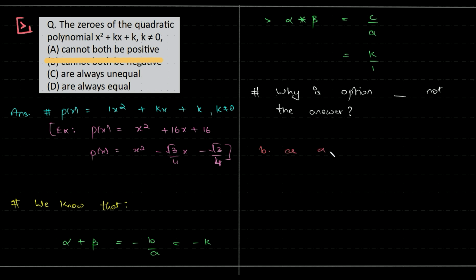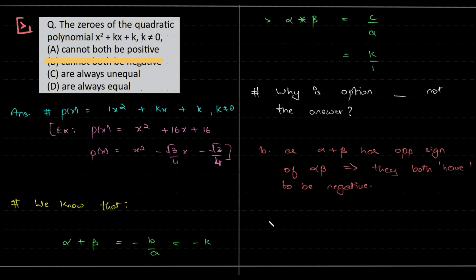As alpha plus beta has opposite sign of alpha beta, this implies they have to be negative. So clearly the answer is option A. It means they both cannot be positive. Here remember, they can be negative, right?